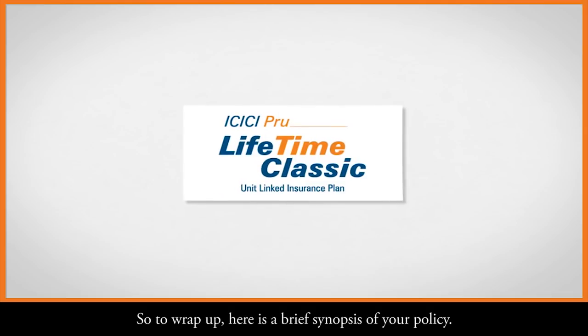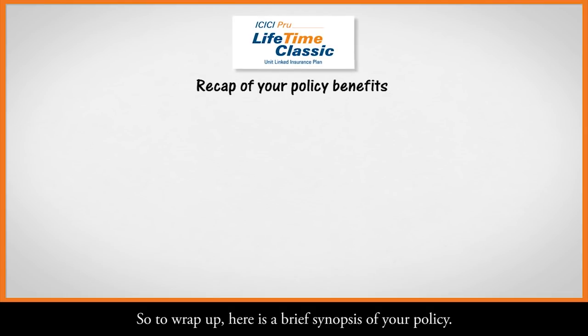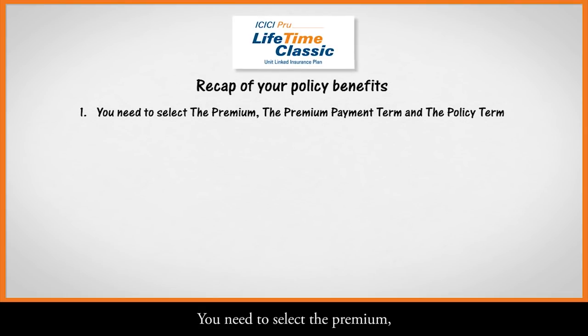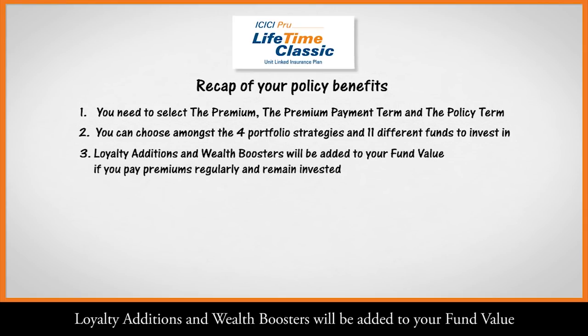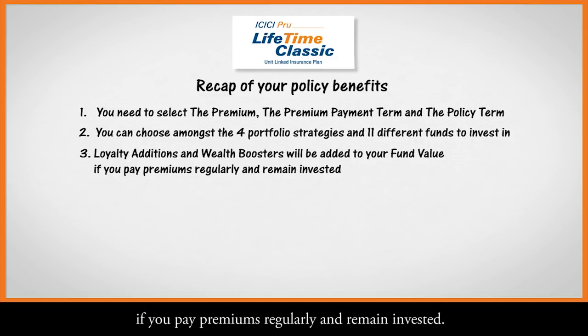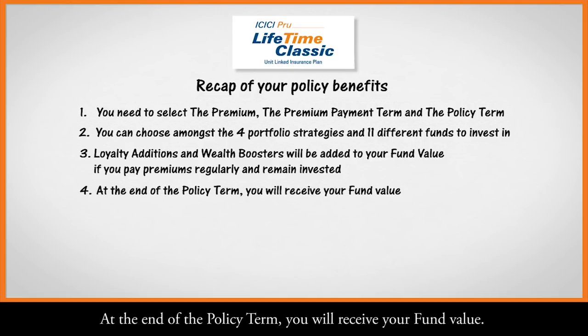So to wrap up, here's a brief synopsis of your policy. You need to select the premium payment term, and the policy term. You can choose amongst the 4 portfolio strategies and different funds to invest in. Loyalty additions and wealth boosters will be added to your fund value if you pay premiums regularly and remain invested. At the end of the policy term, you will receive your fund value.